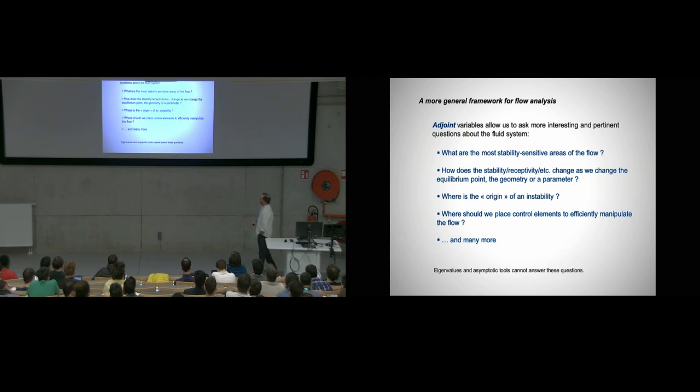Okay? Also, another question that often comes up is if you have an instability and you actually see the mode that grows the most, okay, where the mode grows the most is not probably where it came from. It came from somewhere else, and by the time it grew to high amplitude, it already moved away from the origin of where it started. Okay?